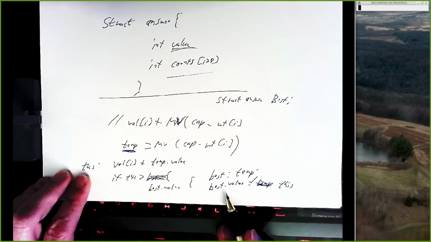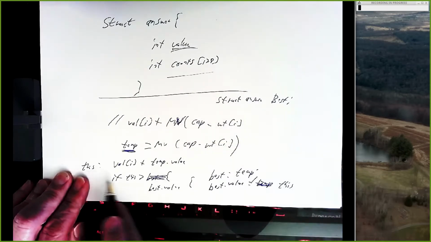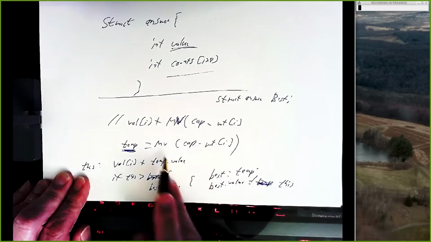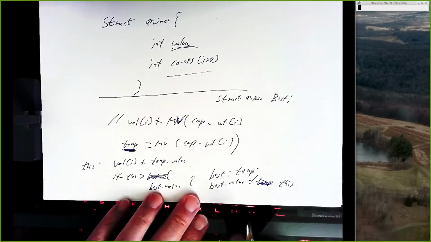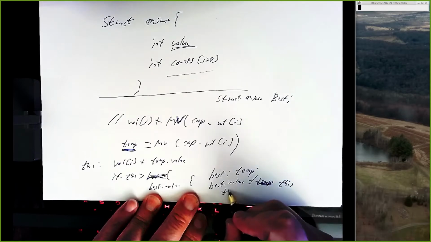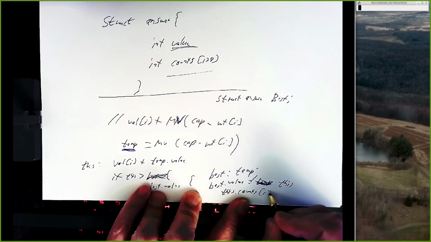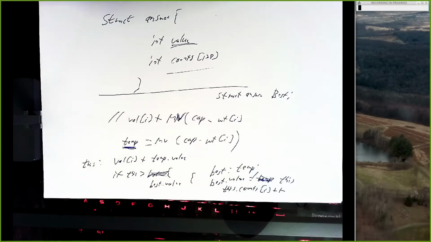So you set the value of this best answer to be the value you got by putting in item I and adding stuff into the rest of the bag. And then this dot counts bracket I, just bump that up.